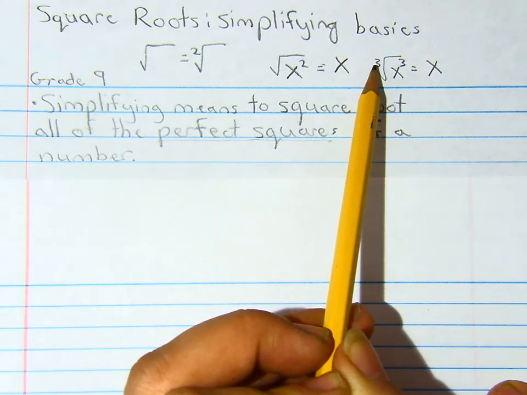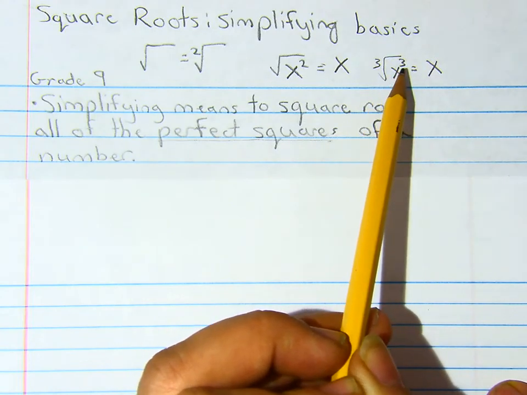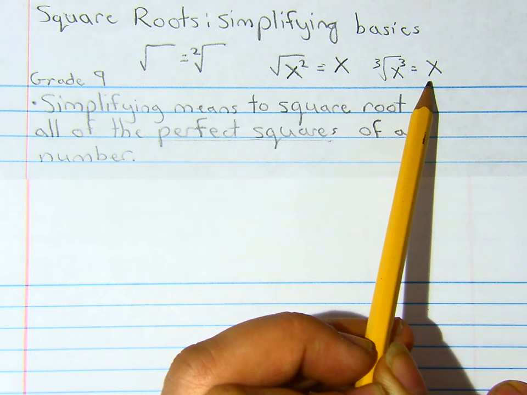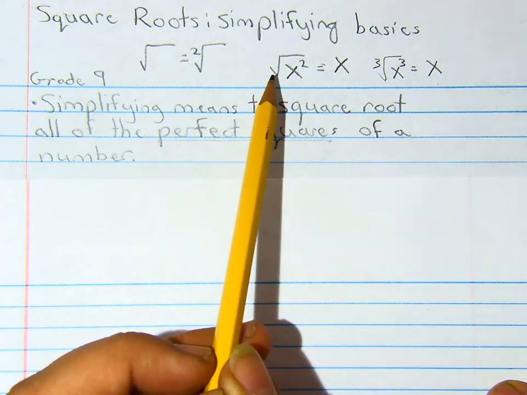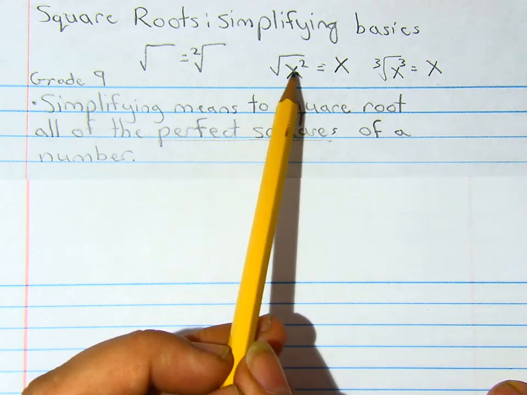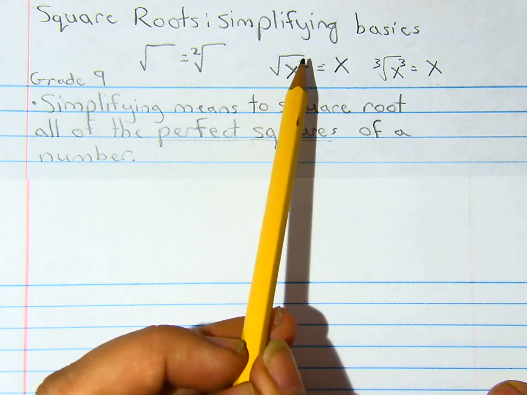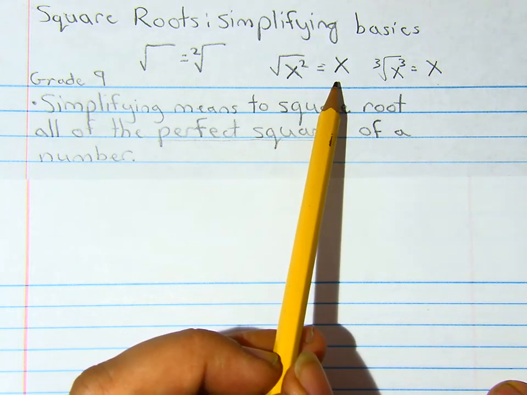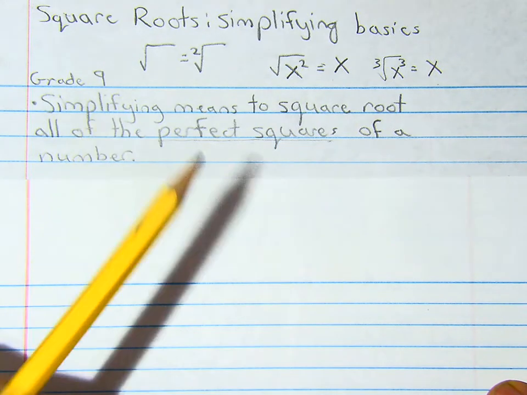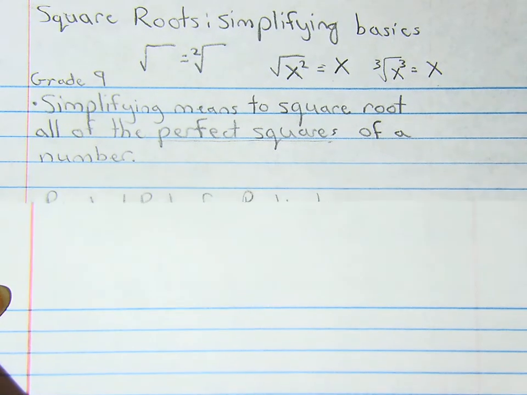So instead of this complicated cube root of x to the cube, we can simplify it and just write x, or the square root of x squared. So every one of these groups that we can find, we're going to simplify them and just write x. And that's what we're going to be looking for.